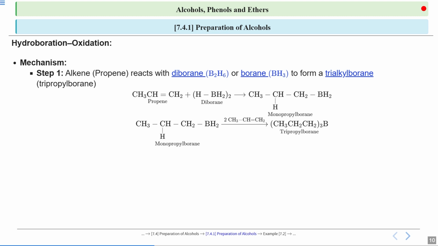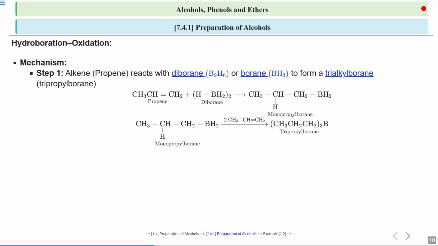Now we still have BH2 in our monopropyl borane, that means B is still attached with two hydrogens. These two hydrogens will be removed and are going to attach to the other two molecules of propene. That's why we need two molecules of propene here to react with monopropyl borane.